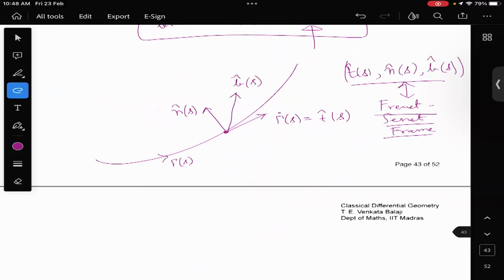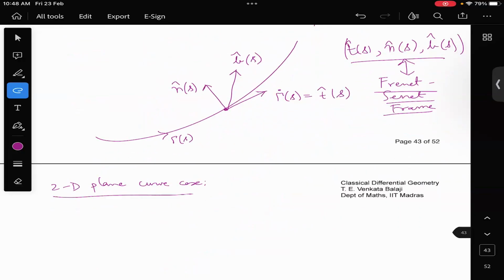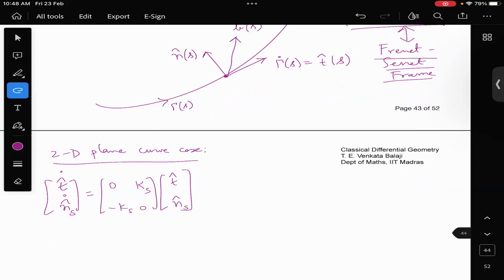So in the 2D plane curve case, you got t cap dot, n cap dot is equal to 0, k, minus k, 0, times t cap, n cap, with an s. And guess what is going to happen. In the 2D case, the coefficient matrix is a skew-symmetric matrix, and it involves the curvature, okay. What is going to happen in the 3D case is that one more character is going to enter, and that's going to be torsion.